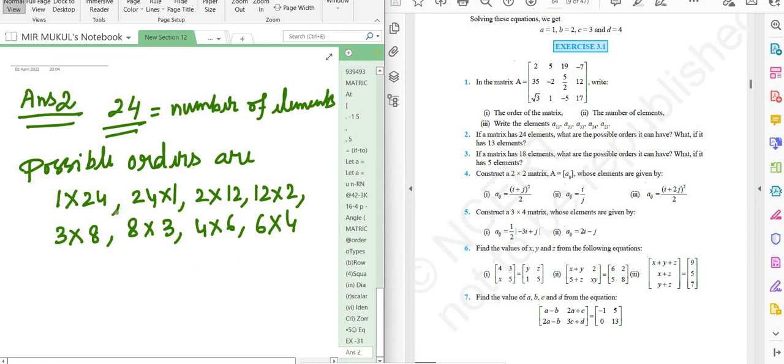For all the cases, we are getting the number of elements as 24. Yes or no?